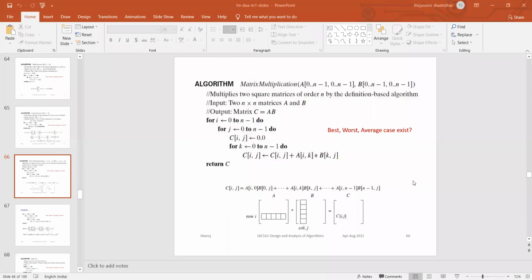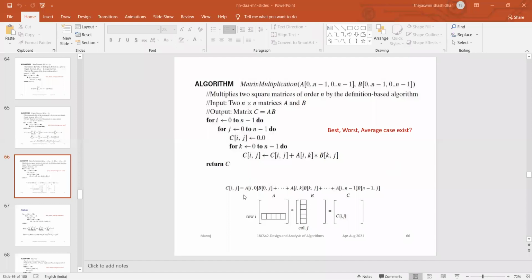For what purpose are we using i and j? Answer the question. So i and j are used for rows and columns. Okay, good.